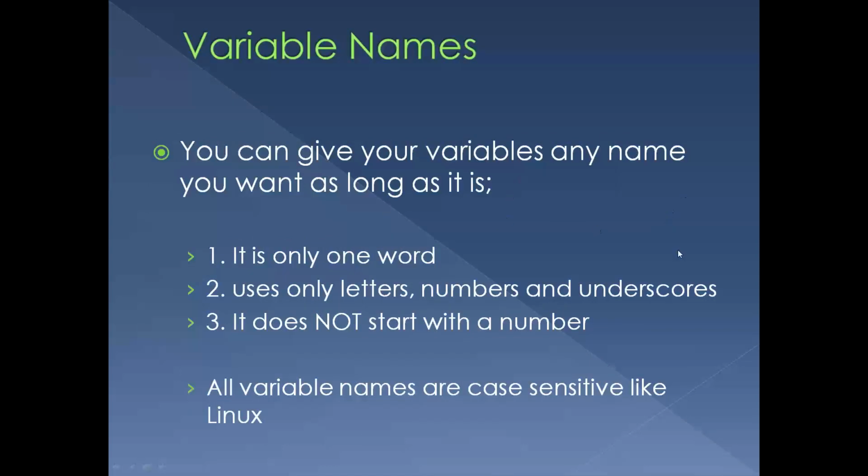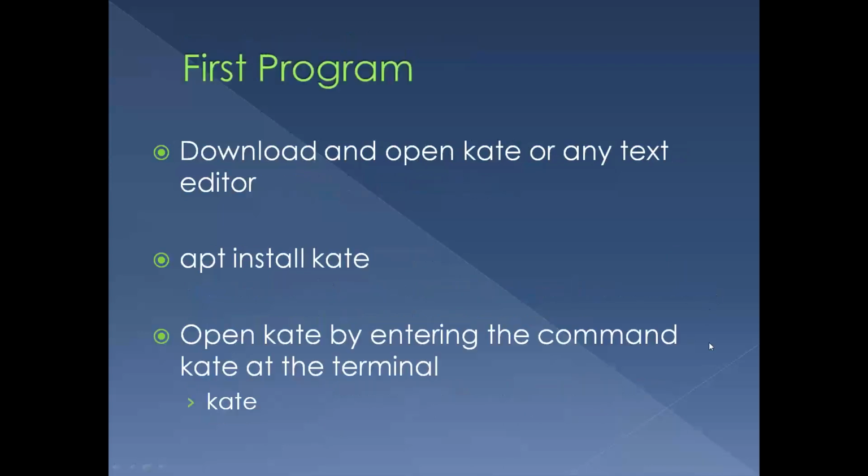So just a little bit of variable names we talked about. All variable names are case sensitive, just like in Linux, right? So you can go ahead and download and open Kate or any text editor, okay? What we're gonna do is create some simple programs here. Depending upon what version you have of Kali, you're gonna have different text editors.